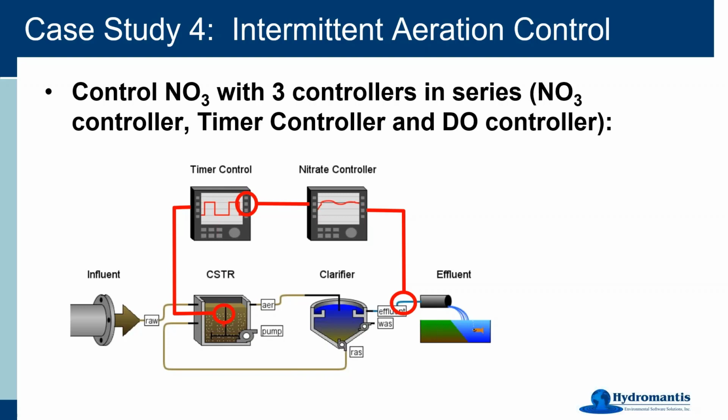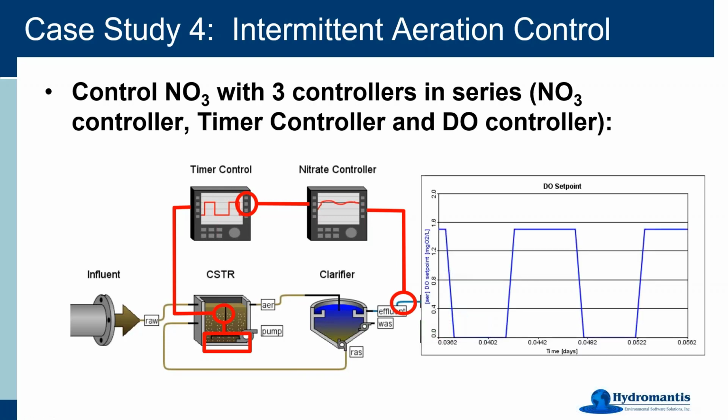So then the DO controller is basically going to turn off the air. So we have nitrate controlling the timer controller. The timer controller passes DO set points into the aeration control system. Now, I could have put a third object out here, but I did it this way just for brevity. Of course, there is a DO control system built in here, and that's the one that I'm using in this particular case.